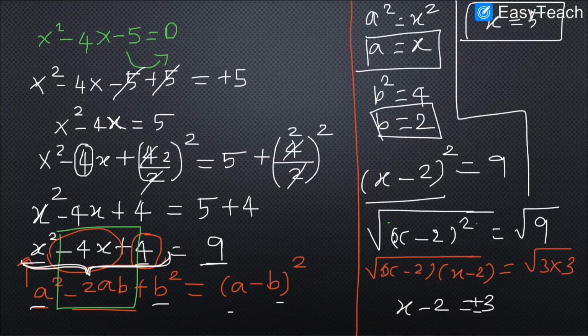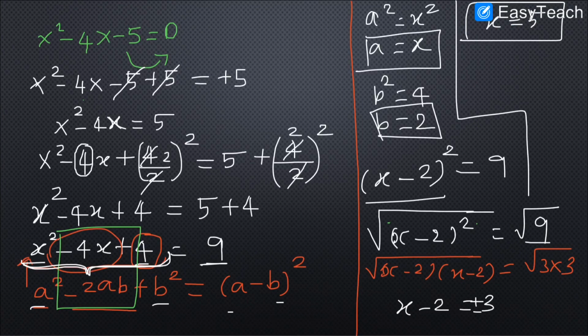So we have to find the solutions for these two possibilities also. For example, let me take first plus 3. The equation will become x minus 2 equals plus 3. The other equation is x minus 2 equals minus 3. Both can be possible for this equation.